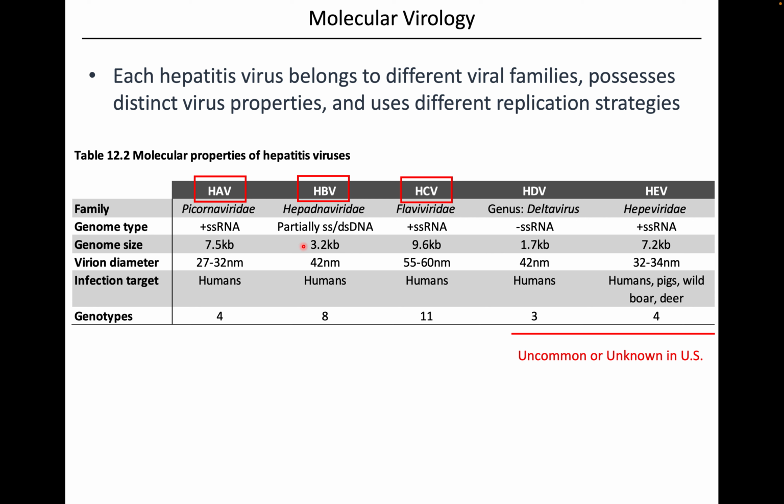They've all got small genome sizes. They're all small icosahedrons with varying numbers of genotypes, or subtypes, subspecies of virus, depending on how you want to think of them, strains, if you will. So, like I said, we'll go through them in order.